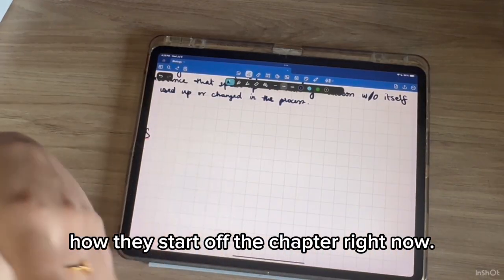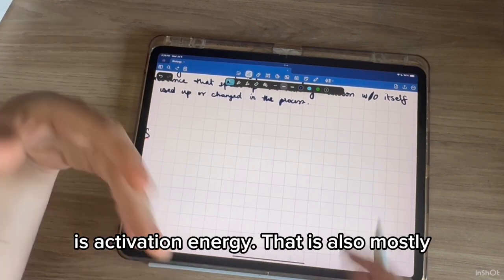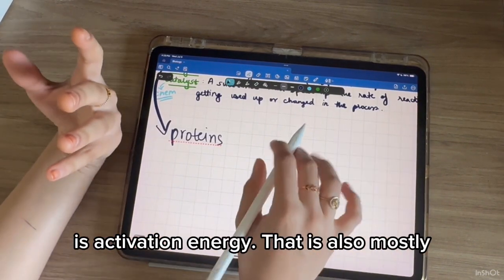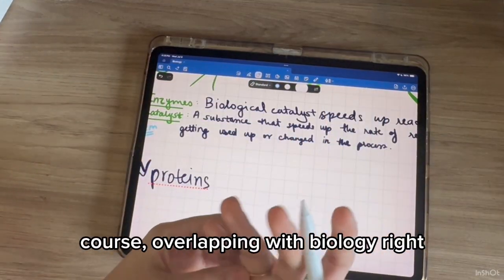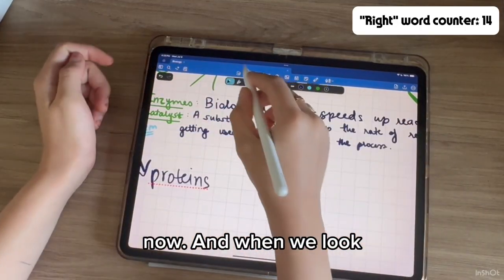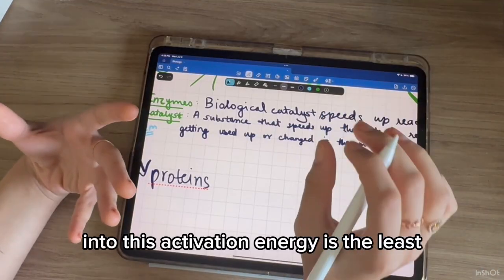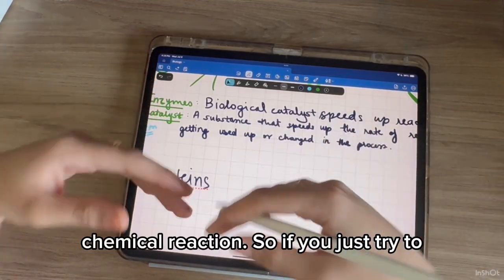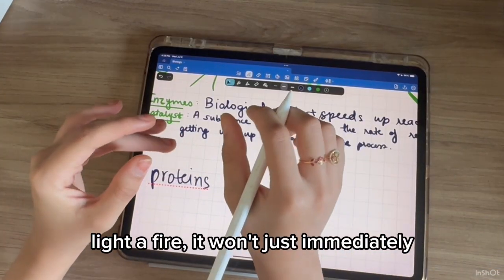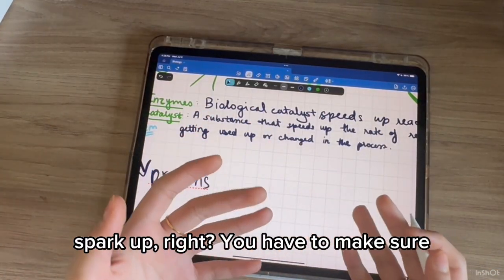Now, let's look at the next one, and that is activation energy. That is also mostly a chemistry term, which is overlapping with biology right now. Activation energy is the least amount of energy you need to start a chemical reaction. If you just try to light a fire, it won't immediately spark up, right?